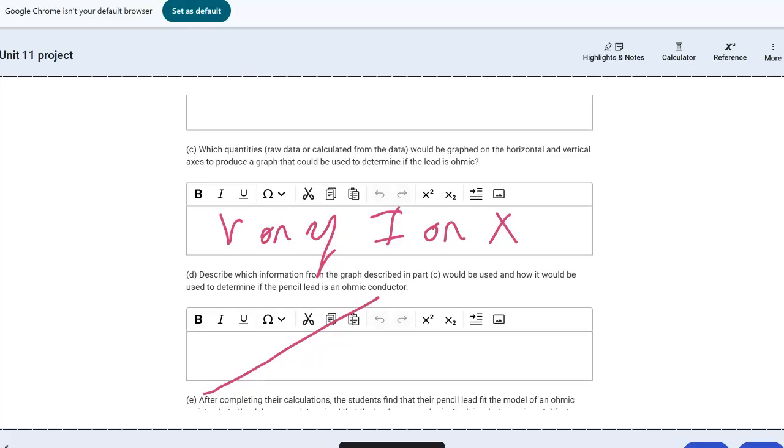If this graph is linear, then I know it's ohmic, because if the data points form a straight line, that means our resistance is staying constant across changes in voltage.